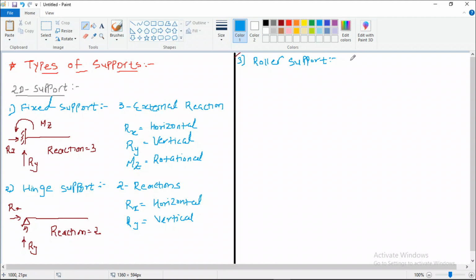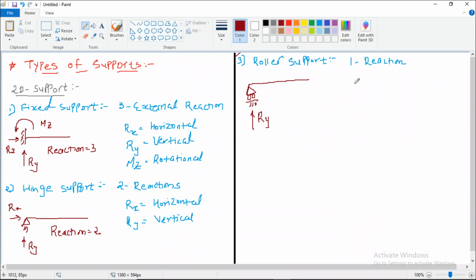So only one reaction, and that is only perpendicular to a particular support. So how we can show this graphically. So roller support is shown like this. So here the horizontal plane is a supporting plane, so only one reaction possible, vertical, that is Ry.